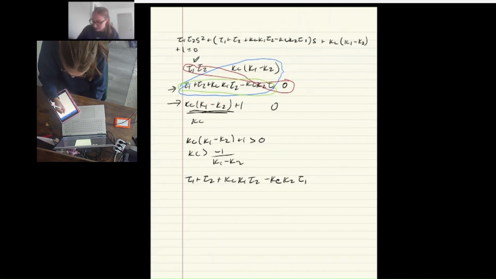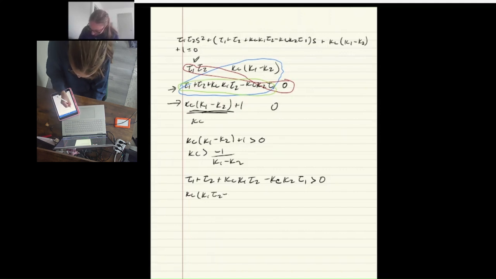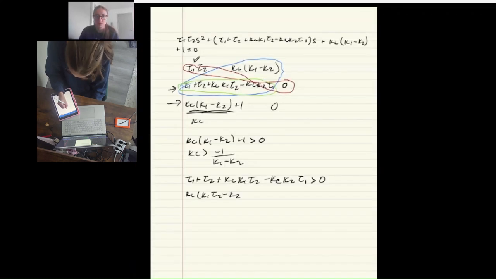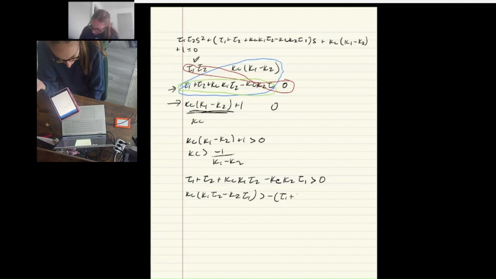So we want to solve for Kc. If we move those over, we'll have Kc, and then we're going to pull out a Kc on this. So Kc, we'll have K1 tau 2 minus K2 tau 1, and then this is negative tau 1 plus tau 2.